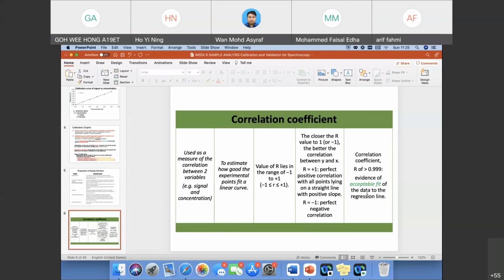That's your aim. Up until this point, do you understand how to look into the calibration curve, and what your aim and objective are when you do your calibration curve later on? Understand that?